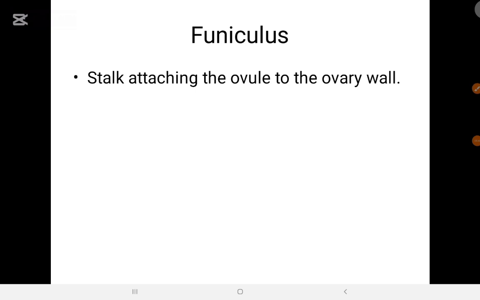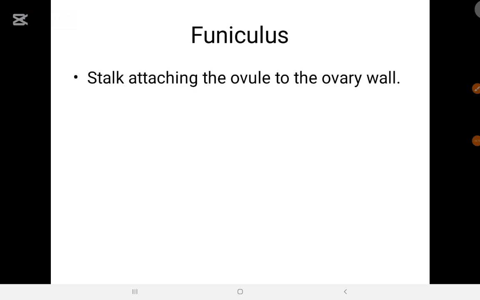The next one is the funiculus. Now, the word funis actually means rope. So we say it is a stalk that attaches the ovule to the ovary wall.